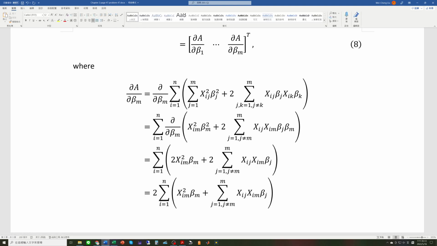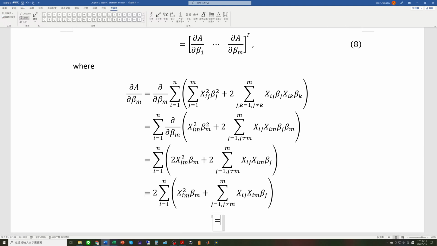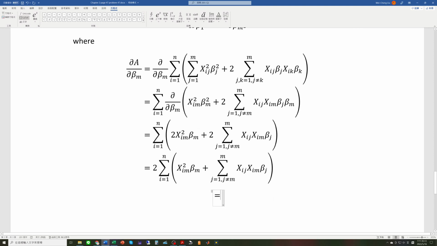So that it is equal to, please note that here is an xim squared, and here is a term xim. So they have a common term, that is xim. So we can move the term xim out of this pair of parentheses.